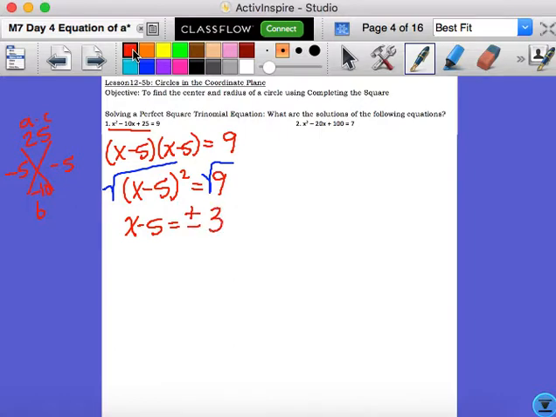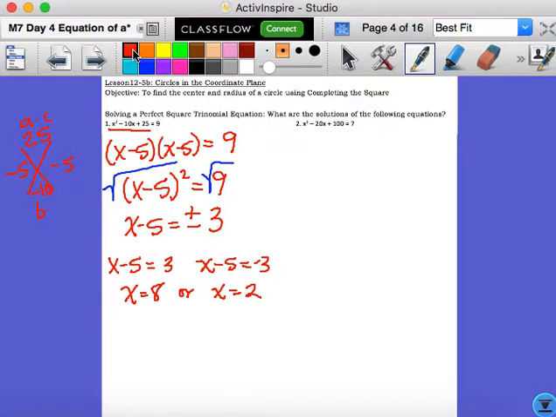So it could be positive or negative 3. So at this point, I'm going to break this up into two equations. Either x minus 5 equals a positive 3, or x minus 5 equals a negative 3, and x either equals 8 or 2.